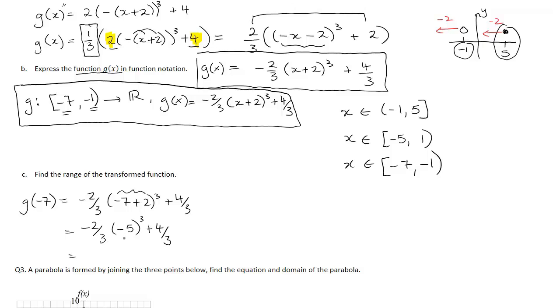That's 125. It's -125, and then it's divided by 3. It doesn't really work. So 125 times 2, which I should really know, that's 250, because these two are multiplying.